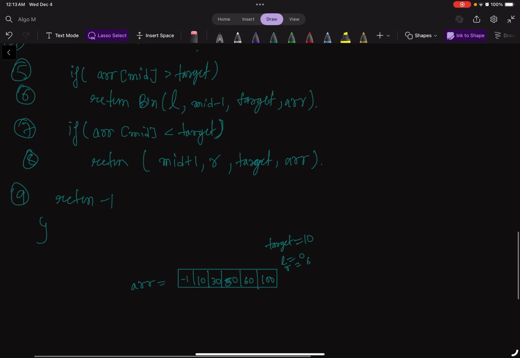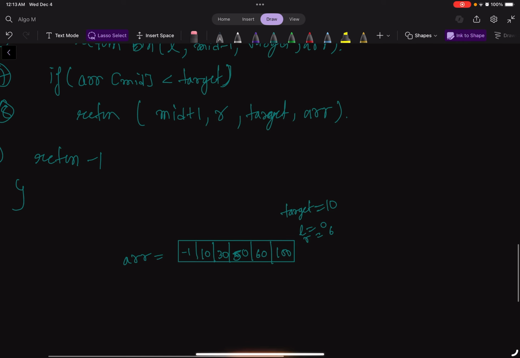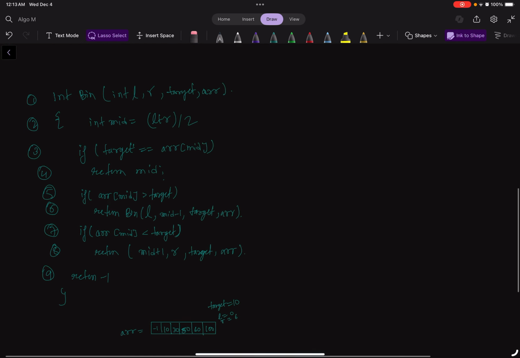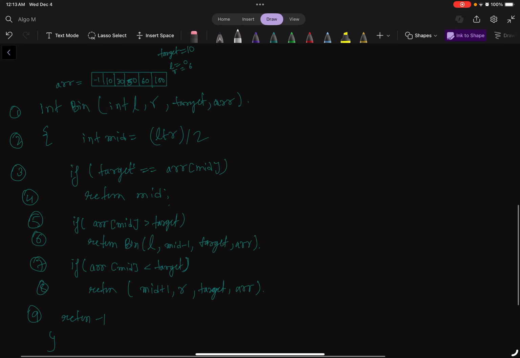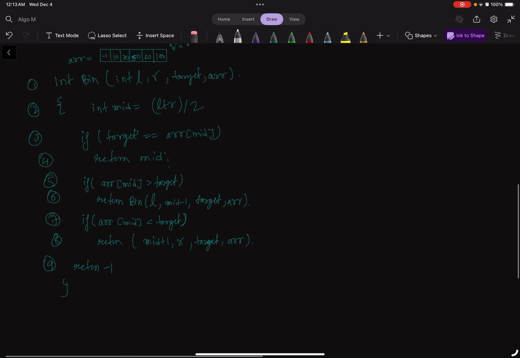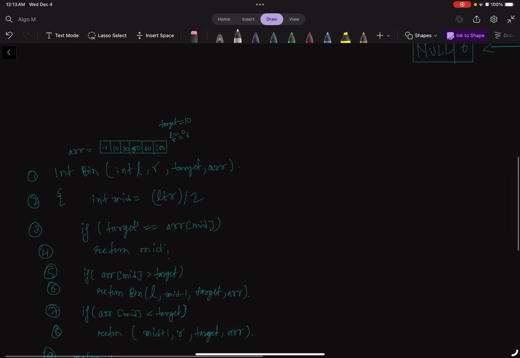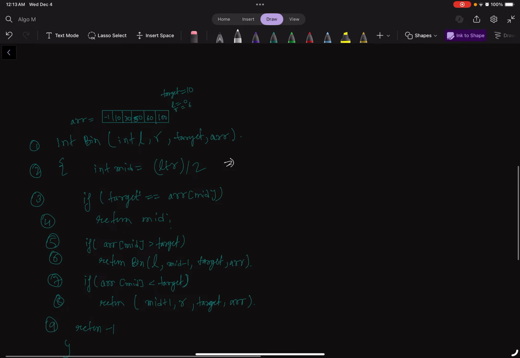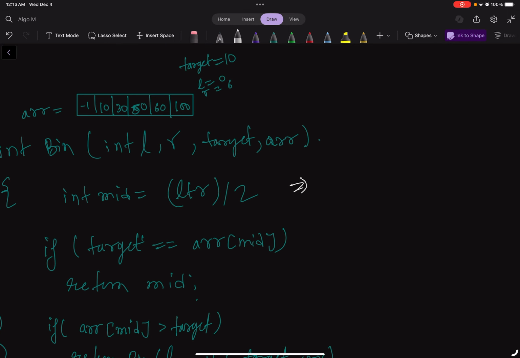Okay, let's start. Where should I put it? I guess here only. So first iteration, mid equals 0 1 2 3 4 5.